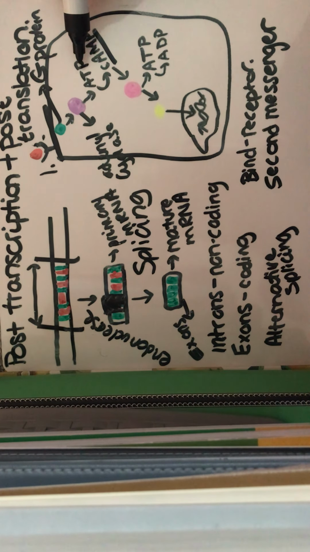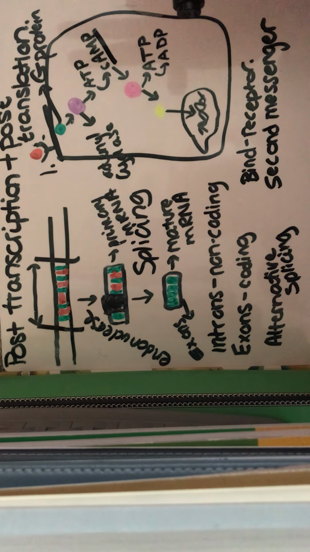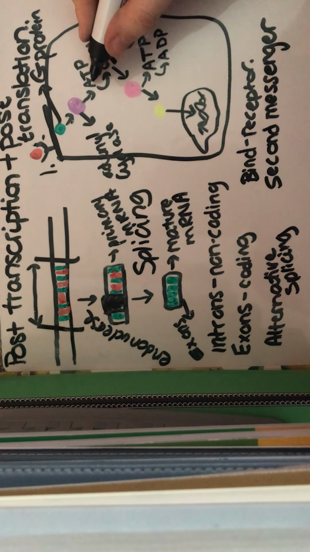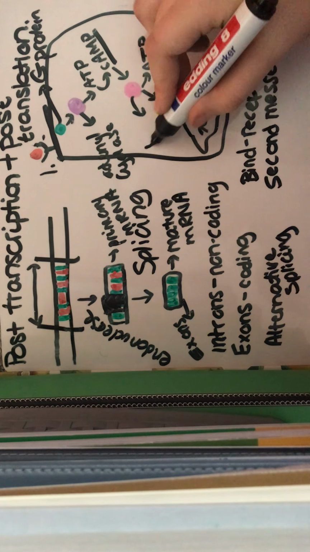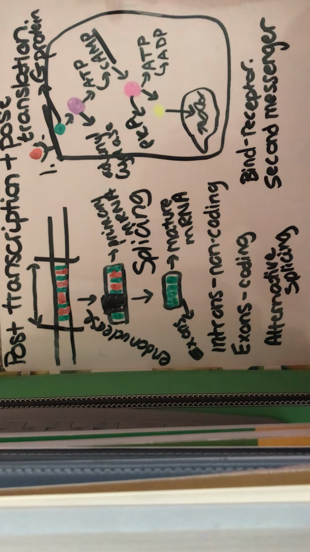So we can see ATP, we're going to have got rid of 2 phosphate groups, because adenine triphosphate, adenine monophosphate. So we have cyclic AMP, which then activates the PKA protein, which stands for protein kinase A.